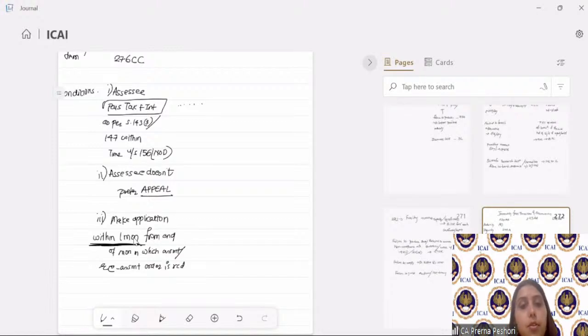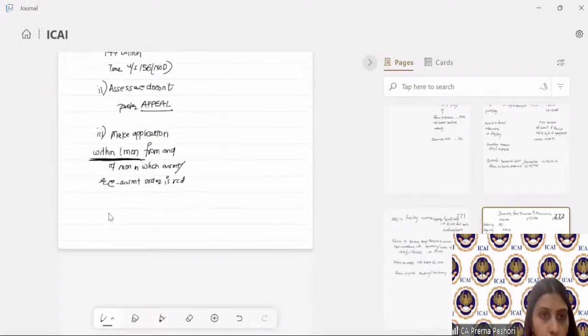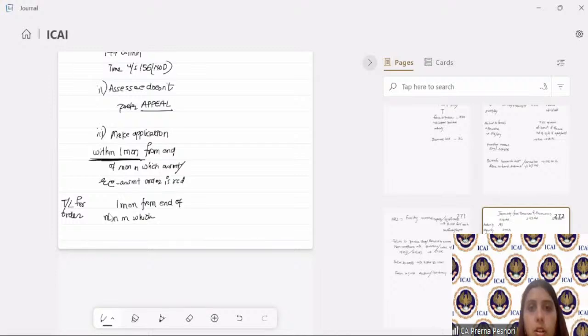And the time limit for the immunity order is going to be 1 month from the end of the month in which the application is received from the assessee.